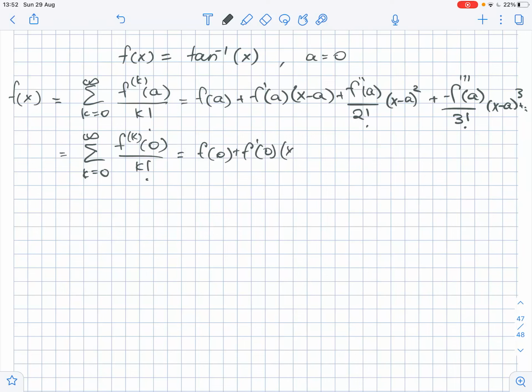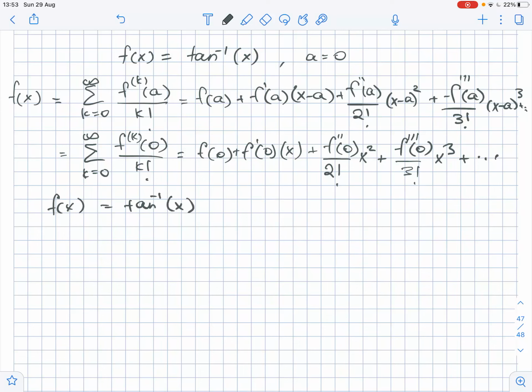So it equals f of 0 plus f prime of 0 multiplied by x plus the second order derivative of f of 0 over 2 factorial multiplied by x squared plus the third order derivative of f of 0 over 3 factorial multiplied by x cubed, and so on.